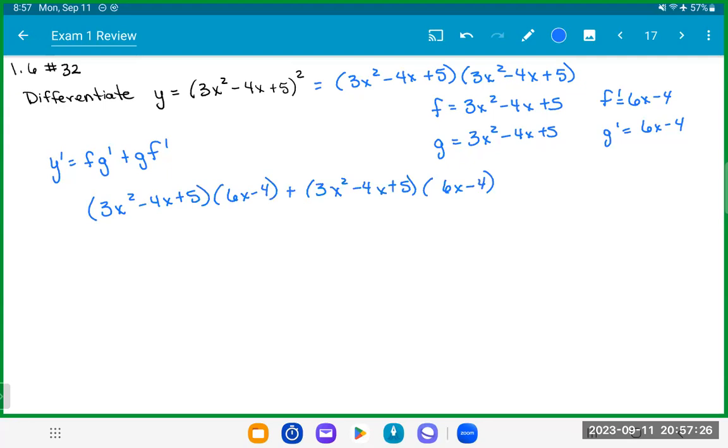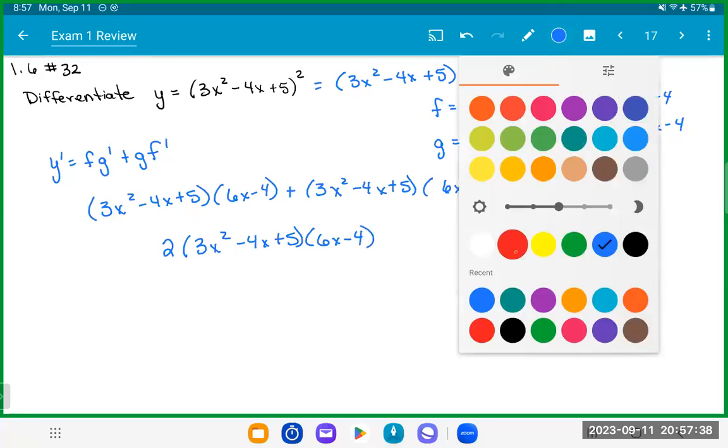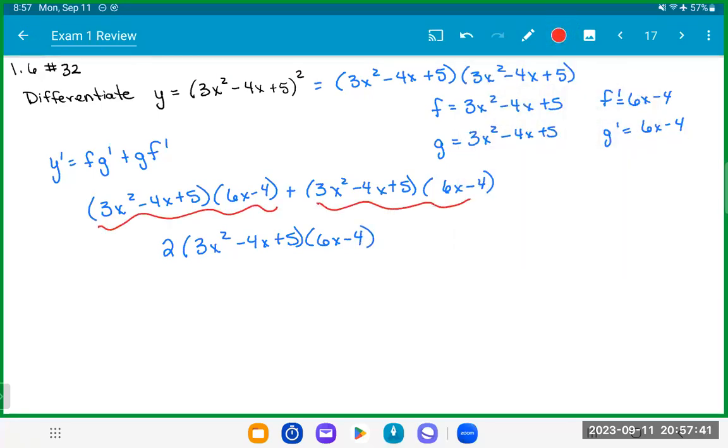Okay. So ultimately, I actually have two of 3x squared minus 4x plus 5 times 6x minus 4, right? So you see that I have one of them, I have two of them. The next thing I can do is see that there is a factor of 2 in each of these. So I can bring a 2 out of that, and that leaves me with 3x minus 2.